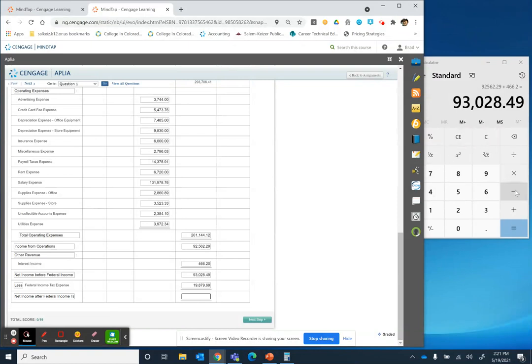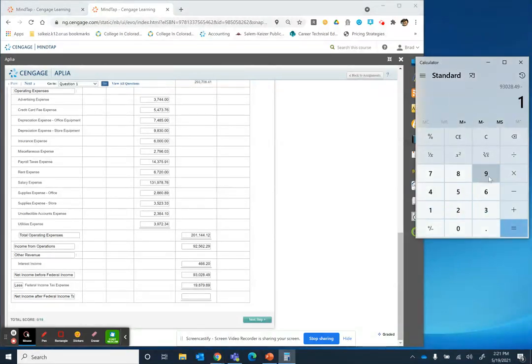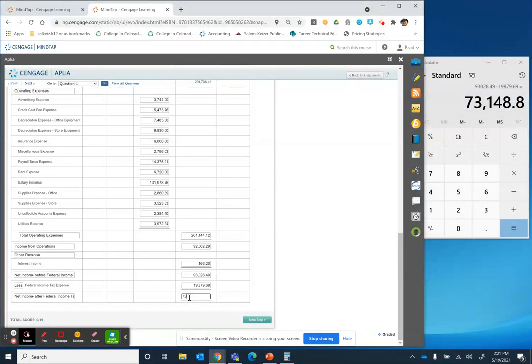Minus $19,879.69 gives us a total of $73,148.80. That takes care of step number 4. I'm going to be moving on to the next step.